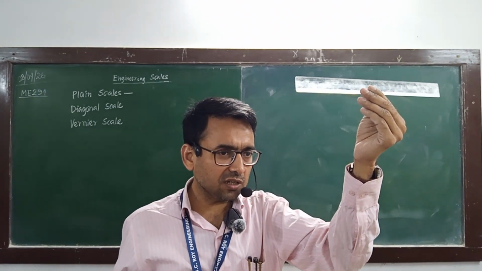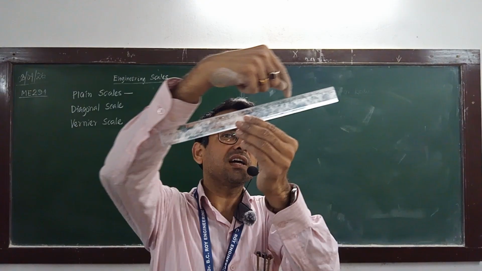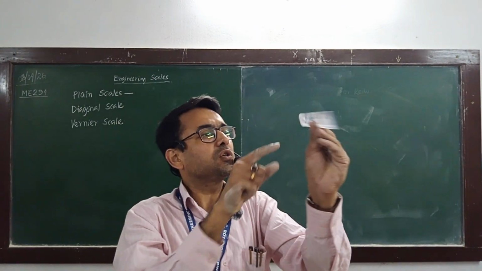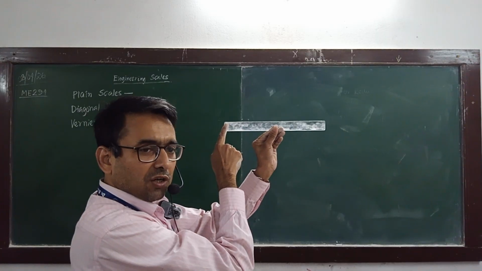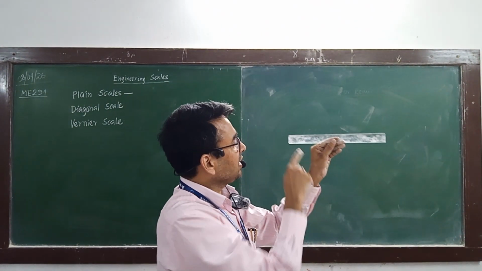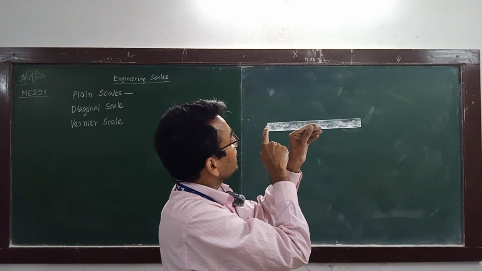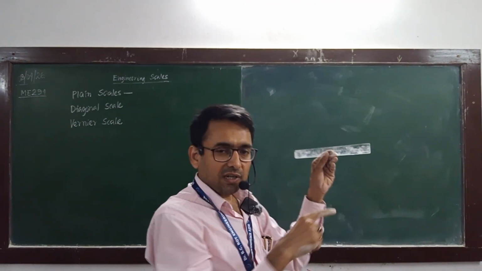One major division, another is minor division. So you see that numbers are there, starting on the left-hand side with zero marking. Then you have centimeter written, so it is a unit.